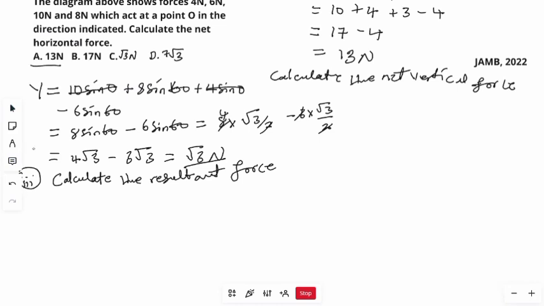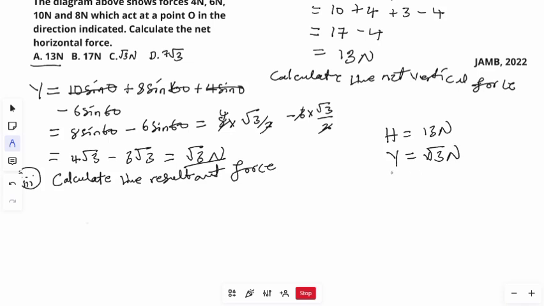So this is how you're going to calculate the resultant force. Now you know that the total horizontal force H equals 13 Newton, and the total vertical force Y equals square root of 3 Newton.